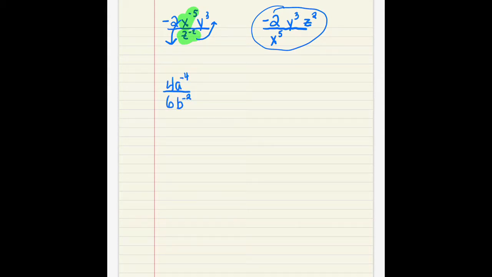This last problem we're going to do is 4a to the -4th over 6b to the -2nd. So there's quite a few things that we need to do in this problem. The first thing we need to do is deal with our coefficients. We see we have 4 over 6, which can actually reduce. It doesn't divide, but it reduces. So in your calculator, you need to type in, I'm going to write this at the bottom, 4, and then hit that A B C button, and then 6, and reduce that fraction.